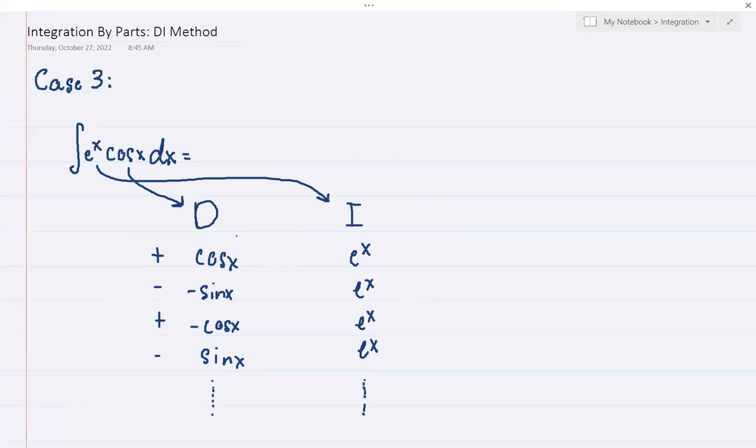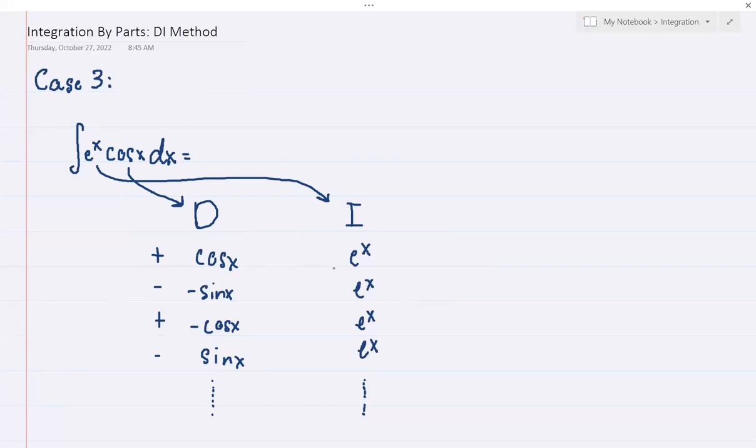The pattern is repeating. Okay? So it will not reach 0. Now go to your I column: e raised to x, e raised to x, e raised to x, and so on. It will still not reach 0. Okay, it will not. So what are we going to do?